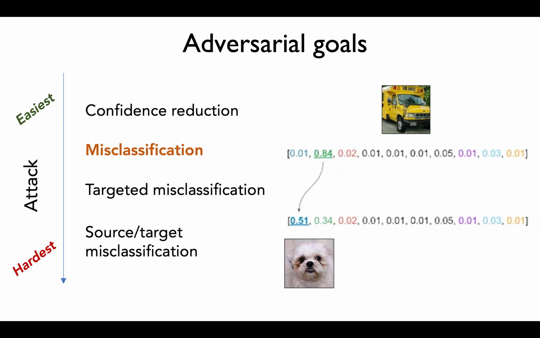For example, in the probability vector on the bottom of the slide, we see that now the class 1 corresponding to a dog is now the most dominant class. This is a misclassification.